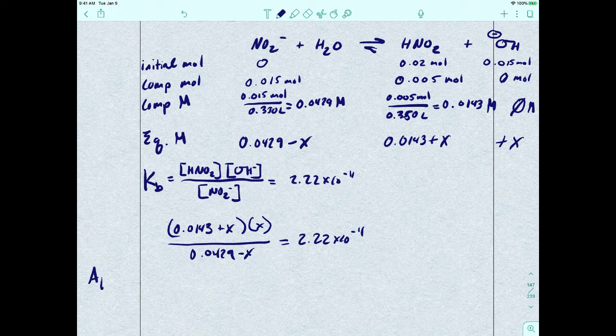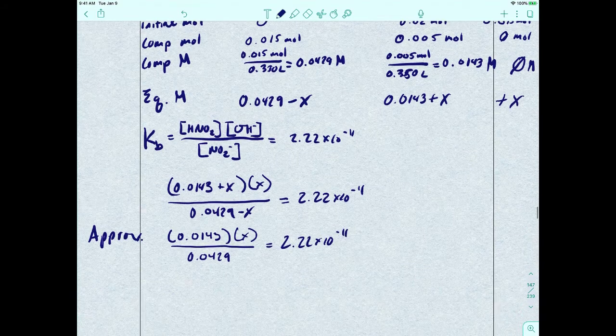All right, so if we apply the approximation and say that whatever X is going to be, it's not going to change our concentrations of HNO2 and NO2 minus all that much, that means we're going to be left with 0.0143 for the concentration of HNO2 times X for the concentration of OH minus divided by 0.0429 for the concentration of NO2 minus. And so this is going to be equal to 2.22 times 10 to the minus 11th.